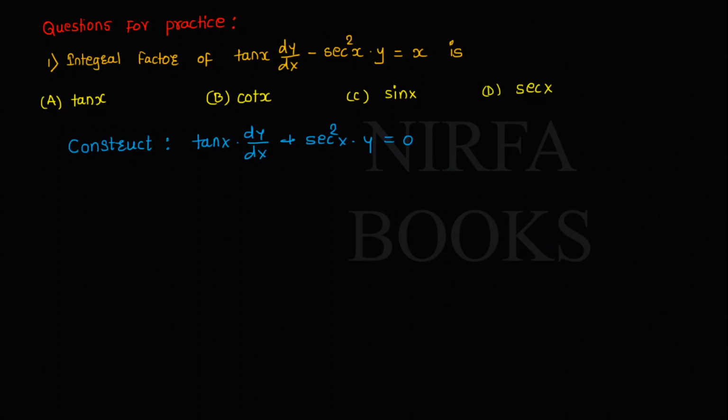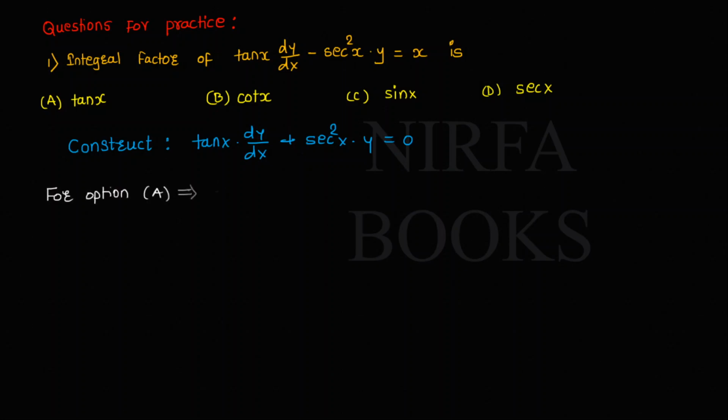Now I am putting the options one by one instead of y here, and I am checking whether option A will satisfy this equation or not. So our first option is tan x. So therefore I am putting tan x instead of y in this equation.